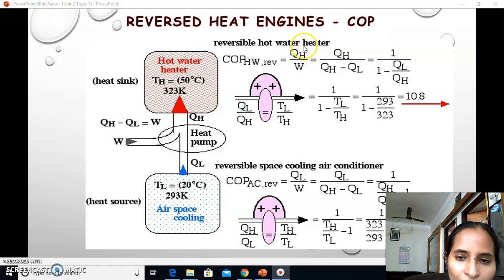Okay, how much amount of higher heat energy or lower heat energy is maintained. Okay, so this complete conversion is possible, and thus here you are getting higher values of COP, which is greater than 1.